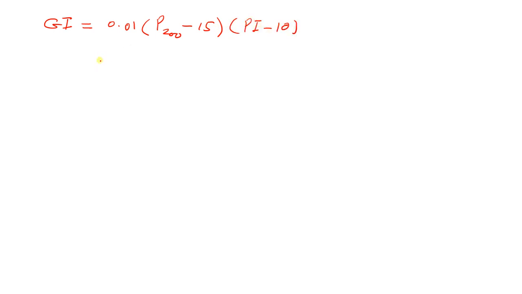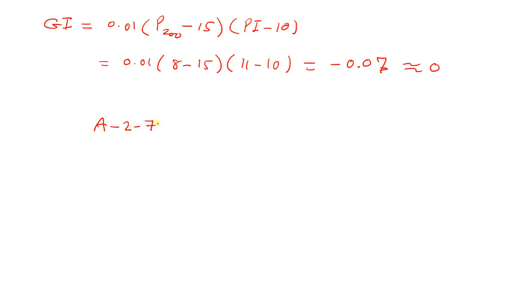So 0.01 times (8 minus 15) times (11 minus 10). Remember 8 is less than 15, so it gives a negative answer, which comes out to be minus 0.07. If it is negative, we make it 0. So this classification is A27 with group index of 0.